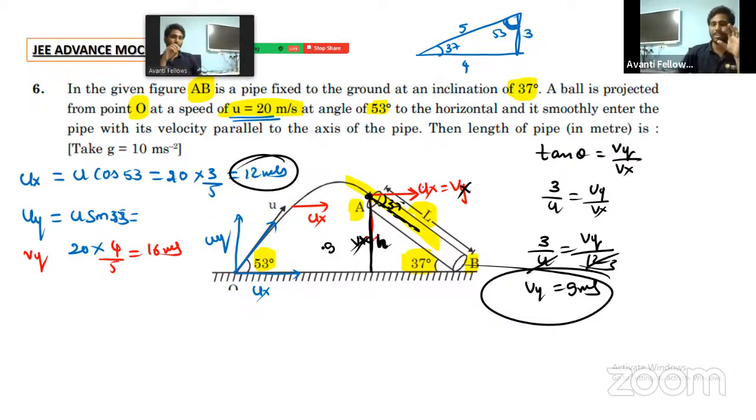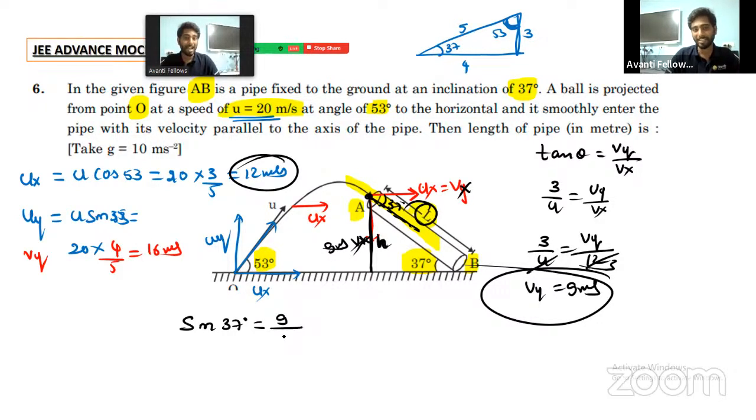Now we have to calculate the value of L. Simple: the opposite side is found, we have to calculate the hypotenuse, theta is given. We can calculate it with the help of sin theta. Sin 37 degrees is equal to the opposite side, 9, over the hypotenuse, L. So L is 9 divided by sin 37.